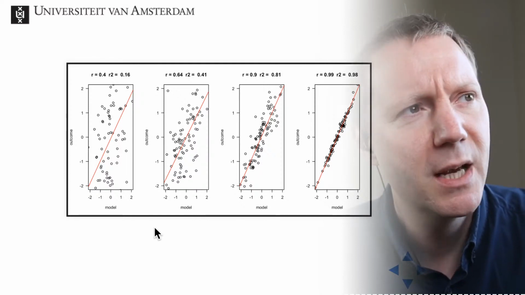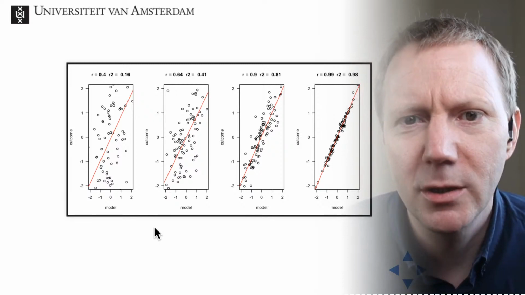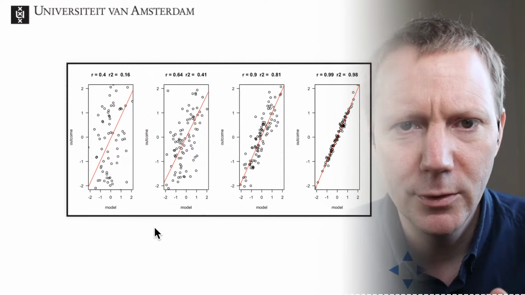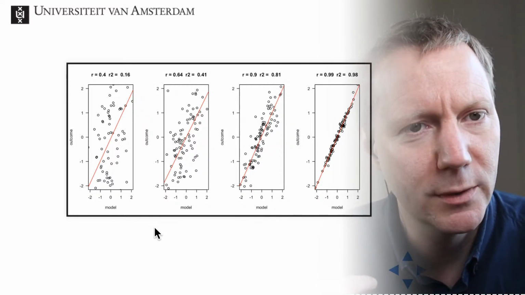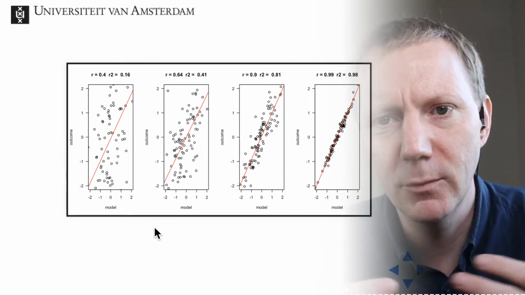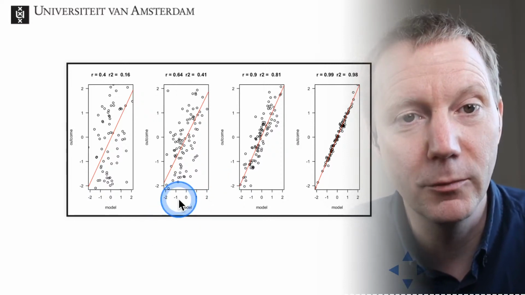So, for example, if you try to predict depression based on some predictive variables, so you as a psychologist have your patients do a test on these predictive variables, and you see what the predicted level of depression will be.